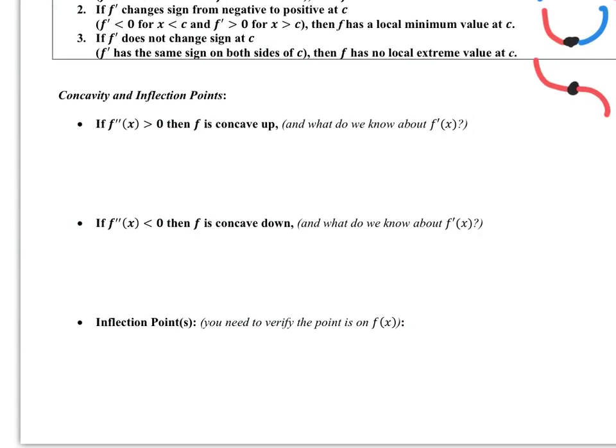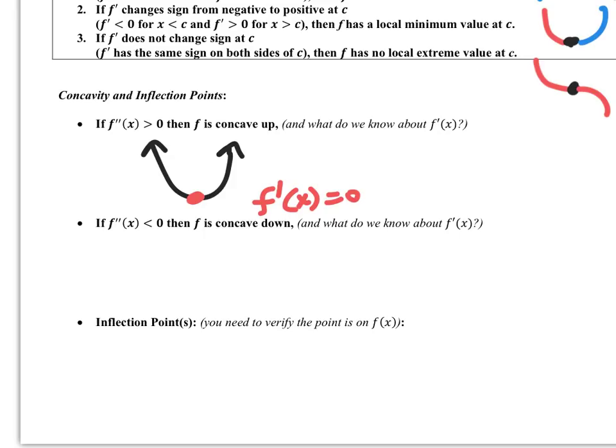Concavity and inflection points are similar. If f double prime is greater than 0, that tells us we've got a function that is concave up on some interval. What do we know about f prime of x? If f prime of x equals 0, like at this point, we've got a minimum value there.